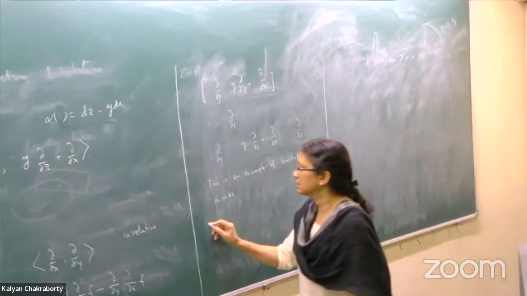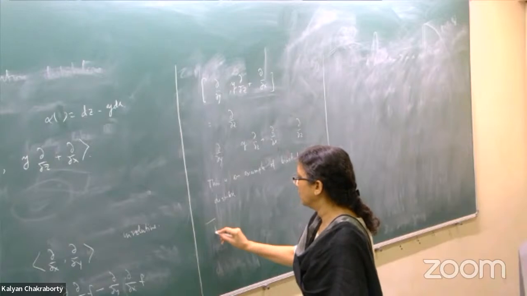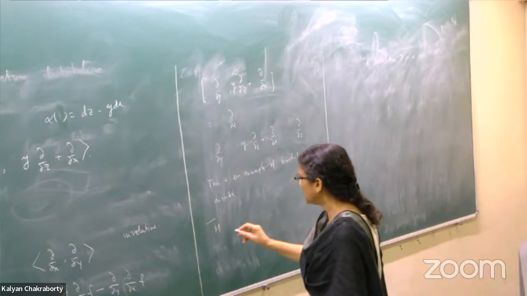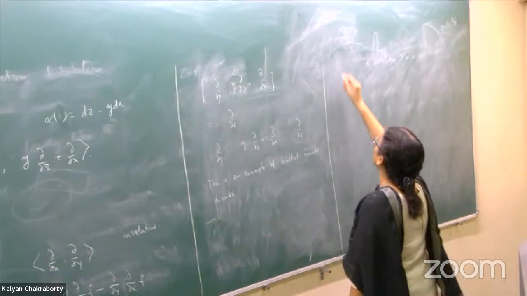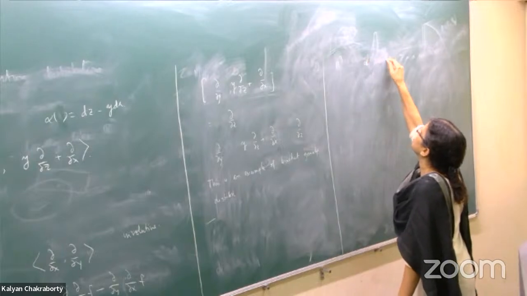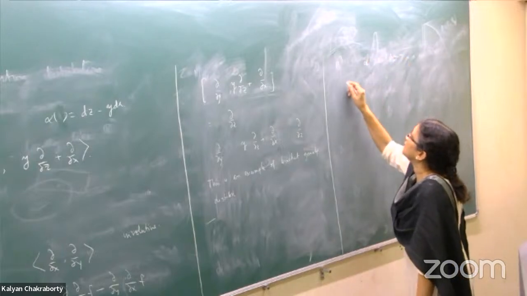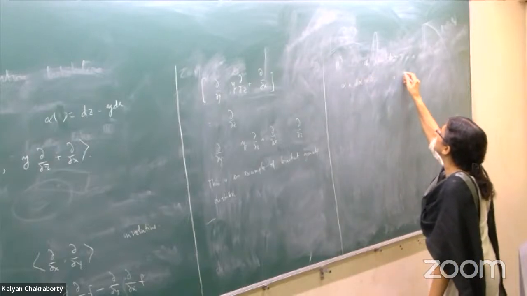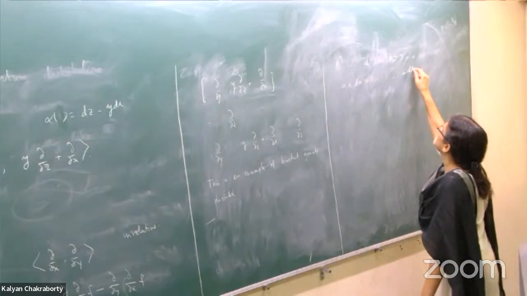So there is another criterion. Suppose you have a manifold, in particular R3, suppose you have alpha, a one-form. Then alpha with d alpha equal to 0 will give you the involutive distributions.